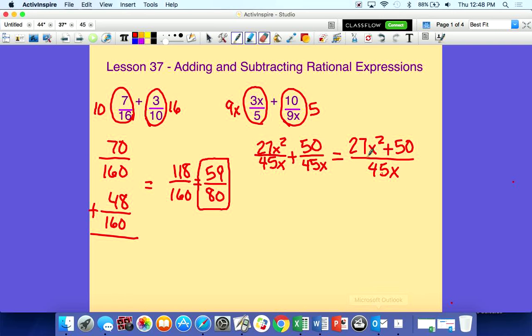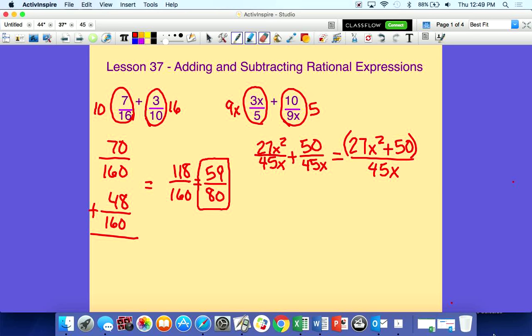Now remember, whenever you have 2 or 3 or multiple terms up on top, put a set of parentheses around it. That means that we can't just cross off this x and this x. And we can't cross off a 5 here and a 5 there. We've got to be able to pull something out of this to be able to simplify with the bottom.